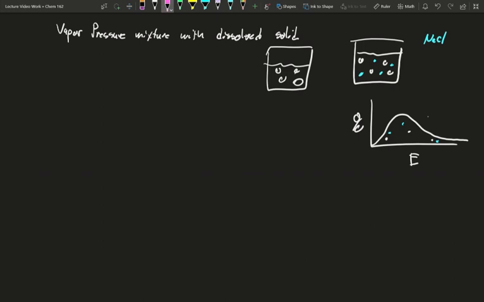Well, the idea for vaporization is that there's some energy for vaporization. That means there is some number of particles past that energy. That's the energy of vaporization for water. Any particle that isn't water means water doesn't escape. In a pure water environment, every particle that has that energy and is at the surface and headed the right direction will be a water molecule that breaks free into the gas phase.